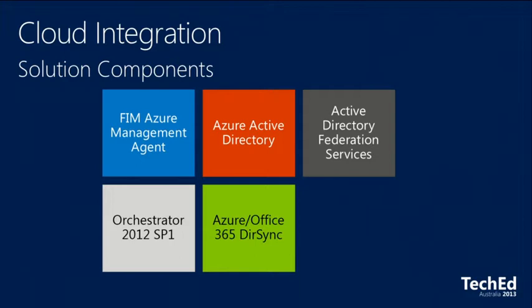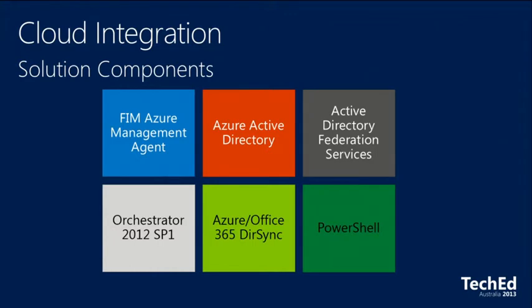The Azure Office 365 DirSync application that for simple environment, single domain, single forest allows you to synchronize your on-premise identities to the cloud with the password hashes. So password sync is available through the Azure DirSync, and more and more features get added to that product every day. And PowerShell. So Azure is fully PowerShell enabled, so you can manage a lot of the Azure functionality just through PowerShell, which works hand in hand with Orchestrator.